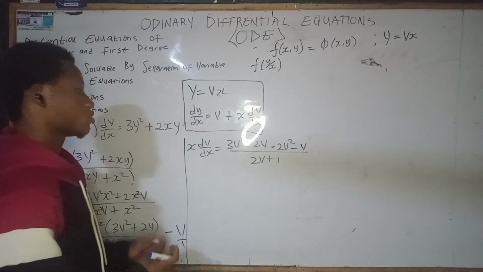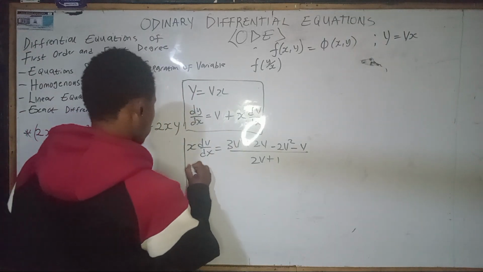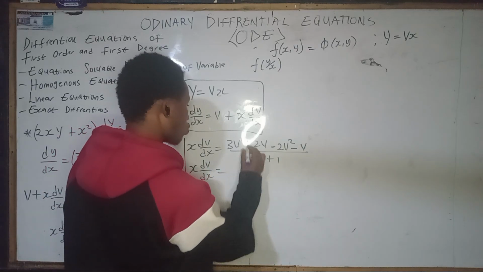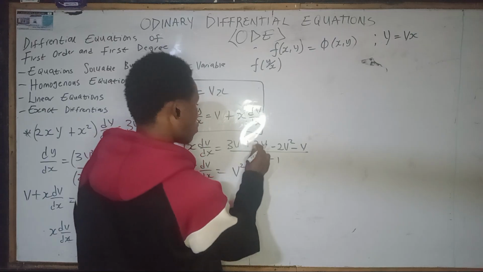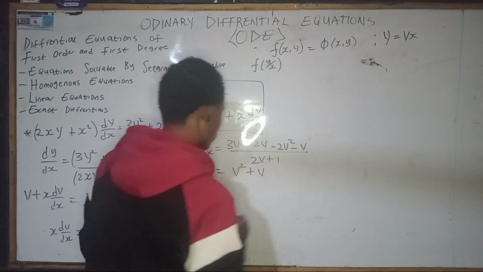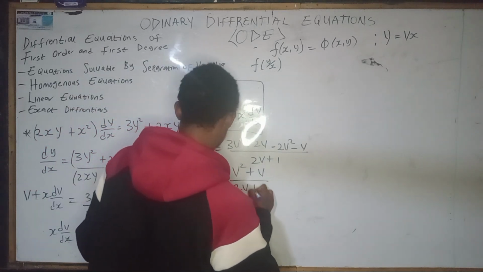So now this is going to be our answer here. So this is x dv dx equals 3v squared minus 2v squared, we have v squared, 2v minus v, we have plus v, and we have divided by 2v plus 1.